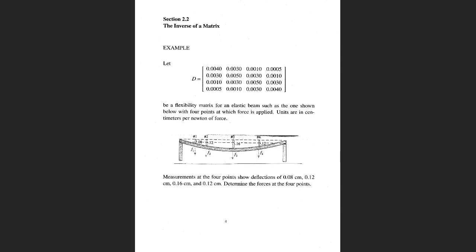Okay, so we learned in our last class about inverses of matrices. What is an inverse of a matrix? Well, if you have a square matrix A and you take A times its inverse, what will that equal?